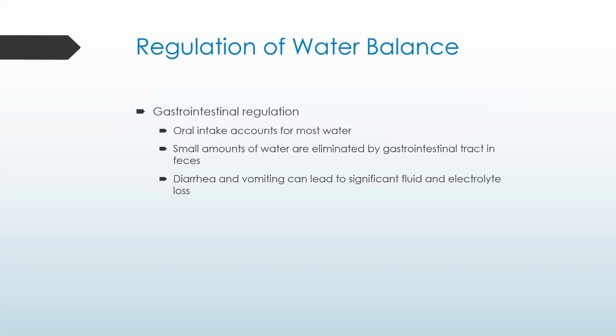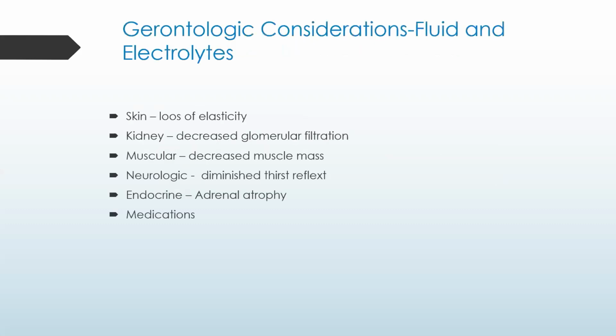In addition to oral intake, the GI tract normally secretes about 8,000 mL of digestive fluids each day that is also reabsorbed. We know that diarrhea and vomiting, which can prevent GI reabsorption of secreted fluids, can lead to significant fluid and electrolyte loss.